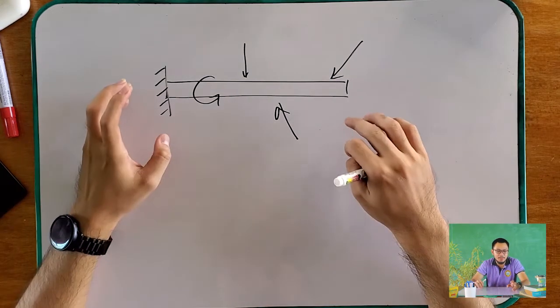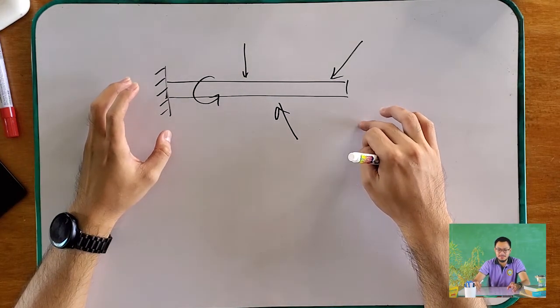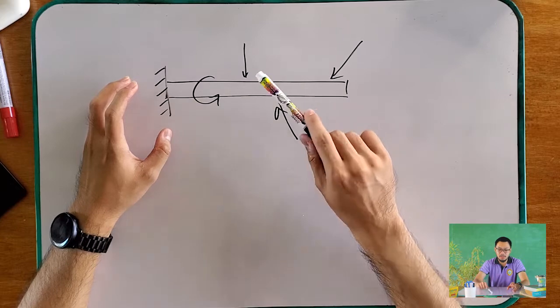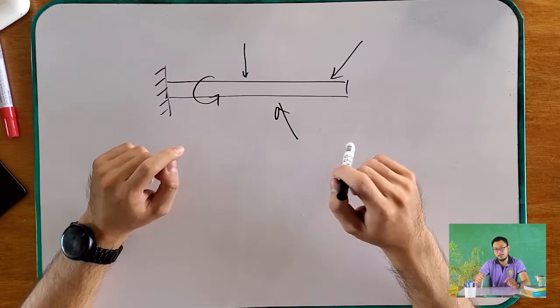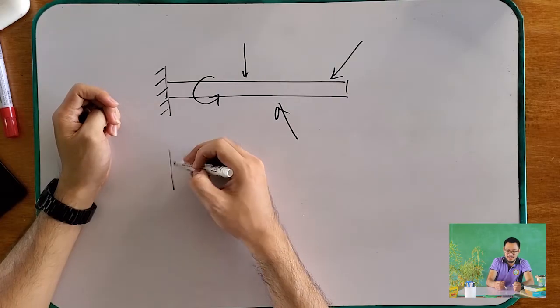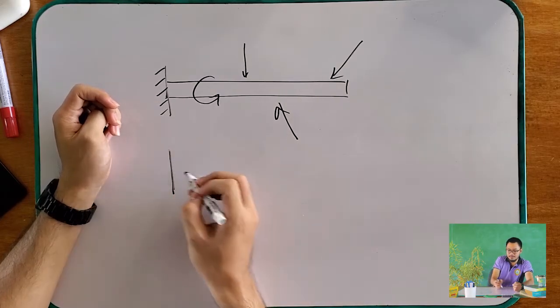Again, let's say we have this beam subjected to multiple forces and a couple moment. And to simplify this kind of system, we can also reduce it in a simpler way.